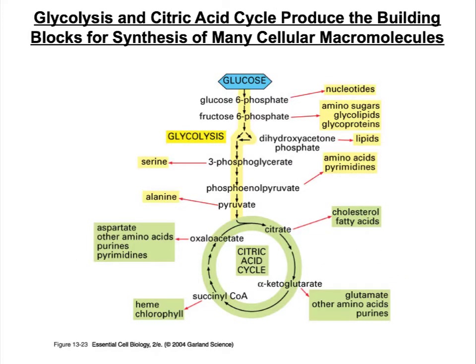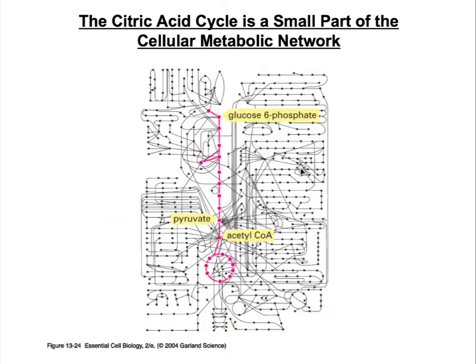Other than producing energy, as we'll see shortly, the Krebs cycle and glycolysis combined are responsible for producing branches in a complex biochemical dance. So the pink line that you see here is the glycolytic cycle and the TCA cycle.